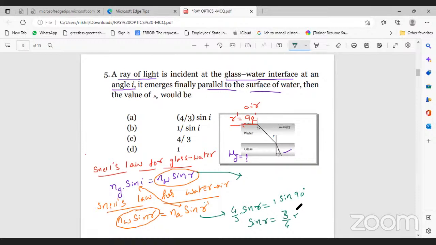Now, you substitute sin R value. And can you calculate what is Ng in the first equation? Because answer is in terms of sin I only. You keep sin I as it is.